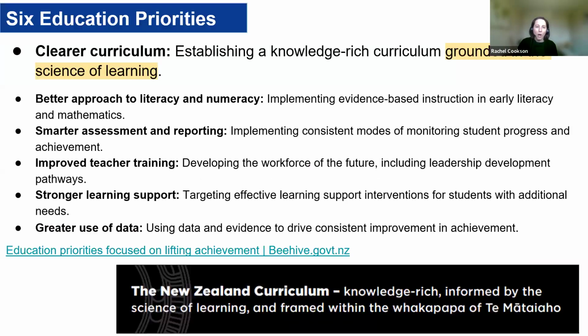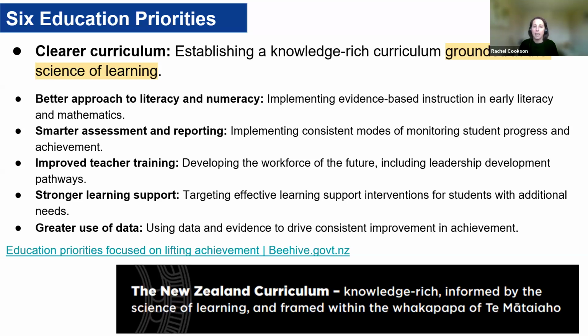So why the science of learning? The Ministry of Education, the minister has provided us with 6 education priorities. And the top one there in the education priorities is a clearer curriculum, establishing a knowledge-rich curriculum grounded in the science of learning.